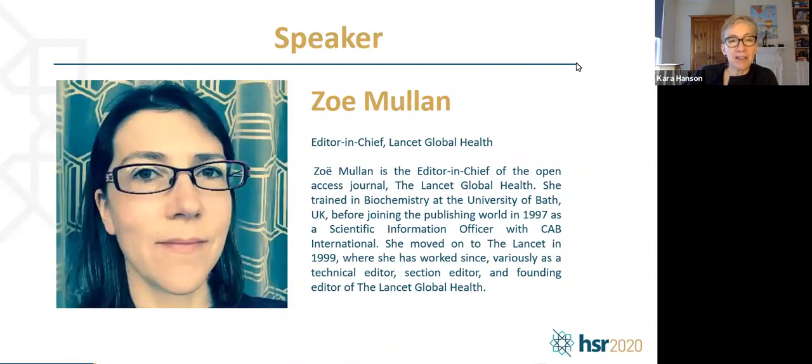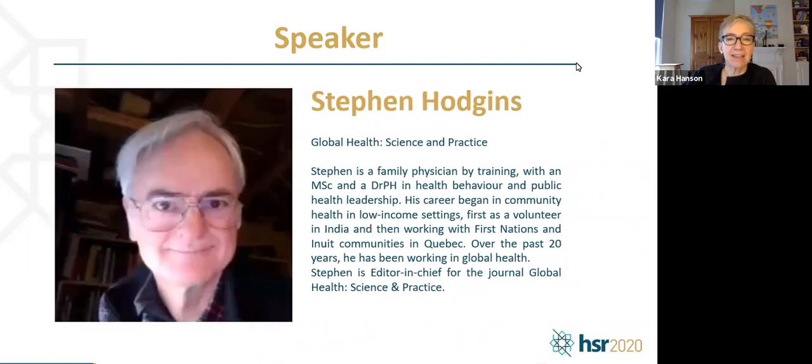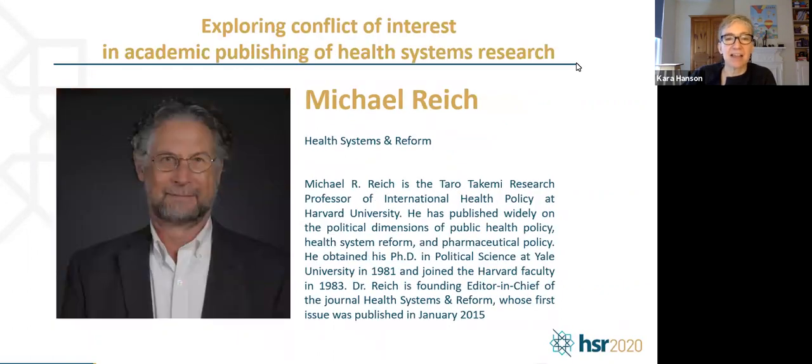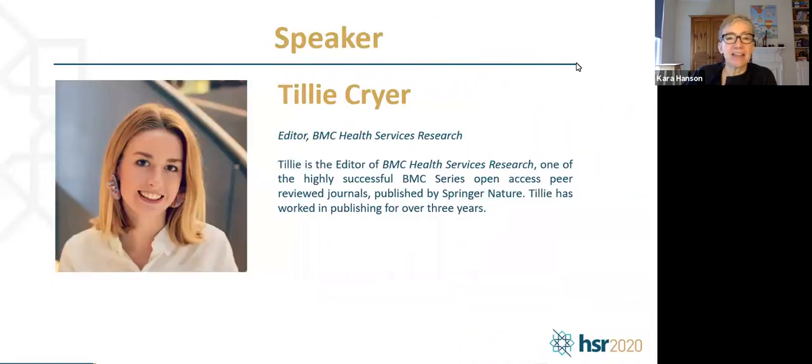We have Zoe Mullen, who's the Editor-in-Chief of Lancet Global Health. Next. Stephen Hodgins, who is the Editor-in-Chief for Global Health, Science and Practice. Next slide. Michael Reich, who is the Founding Editor-in-Chief of Health Systems and Reform. Next slide, please. And Tilly Cryer, who's the editor for BMC Health Services Research.